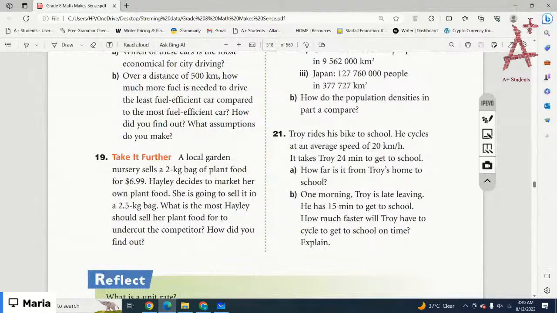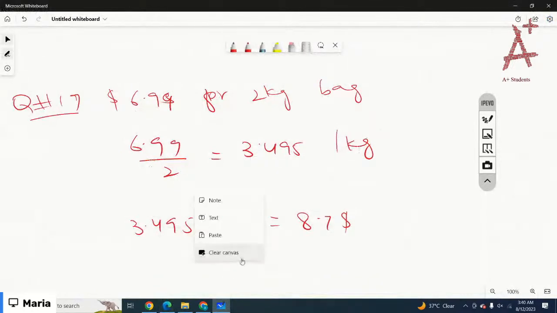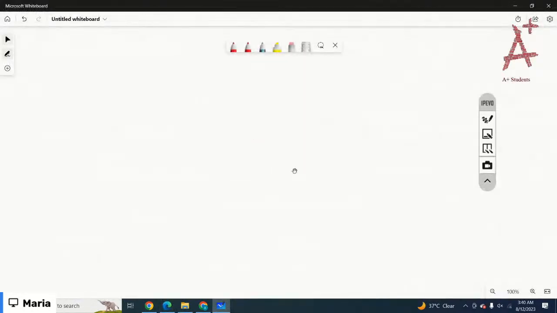Explain. Okay, 20 kilometers per hour, right? In 1 hour you have 60 minutes, because you have to calculate what distance he has covered in 24 minutes. So you have to divide 24 by 60. Let's just calculate the distance he covers in 24 minutes. 24 divided by 60, because you have 60 minutes.